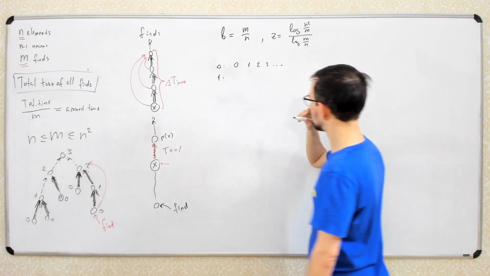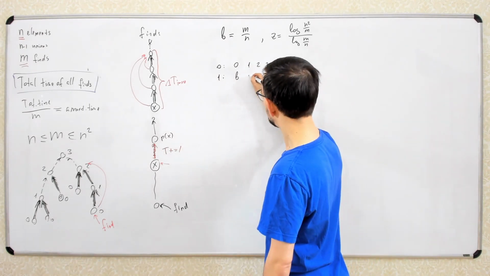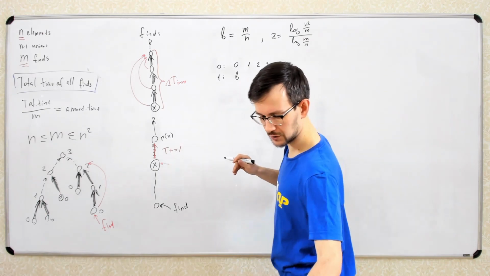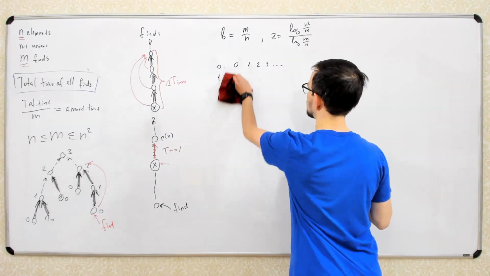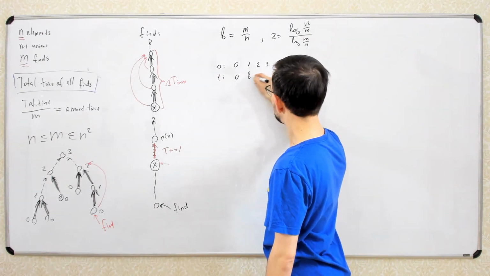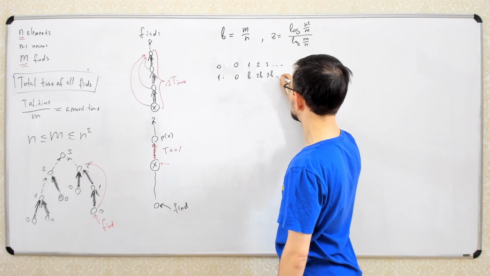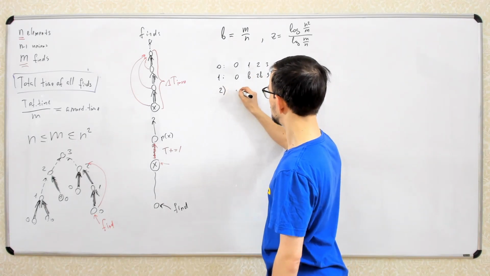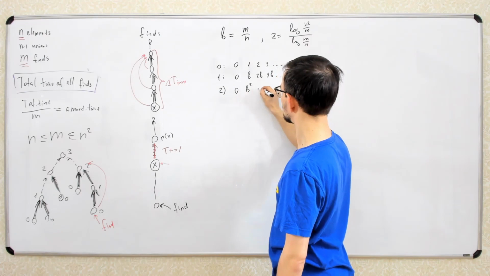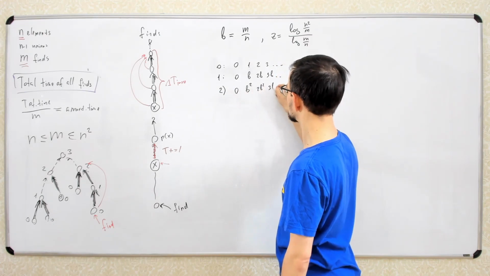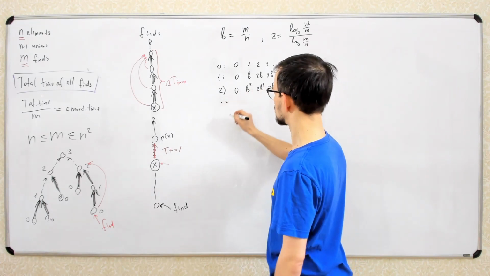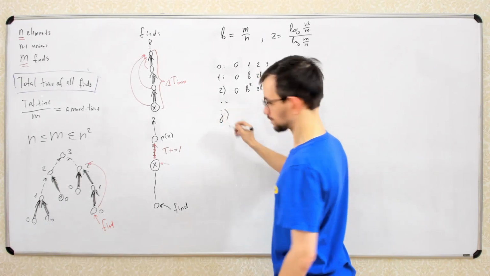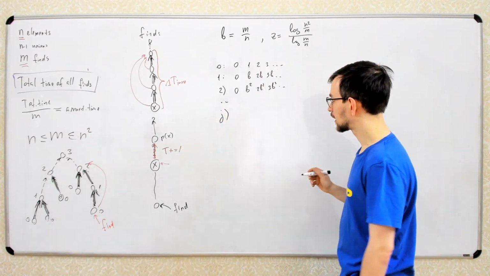Sequence 1 will be, no, start from 0: 0, b, 2b, 3b, and so on. Sequence 2 will be 0, b square, 2b square, 3b square, and so on. And so on. So the sequence number j will be the following.